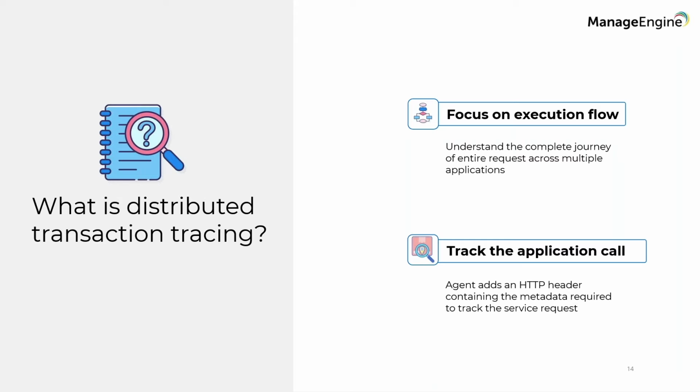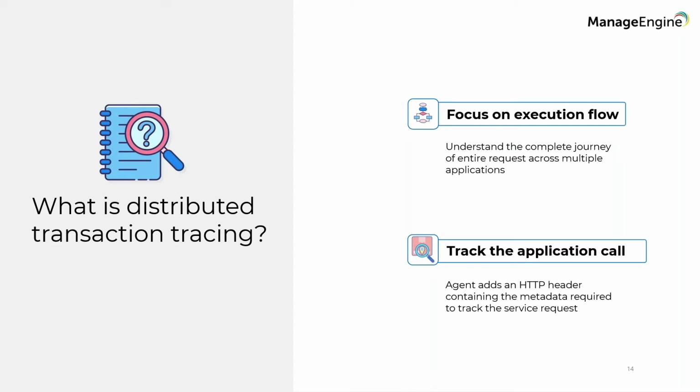If Applications Manager APM Insight is enabled in the other corresponding services, it will process the HTTP header and return the tracking information to its caller via the response headers.